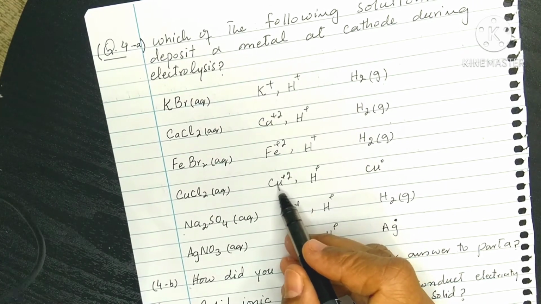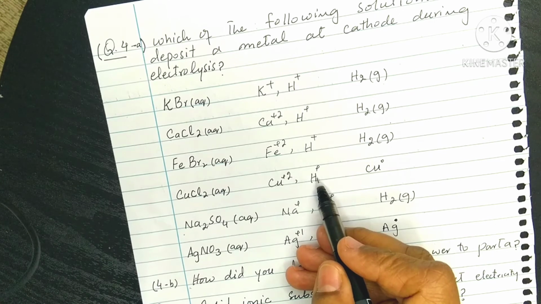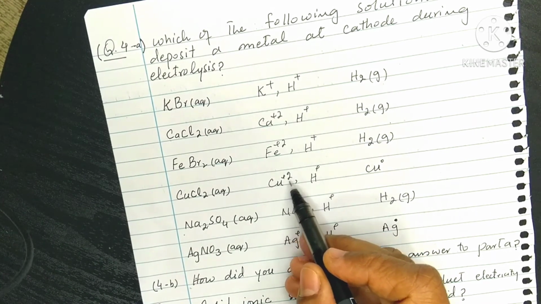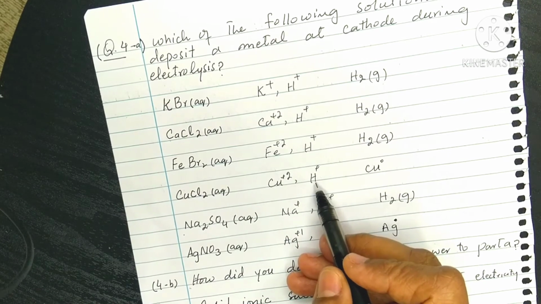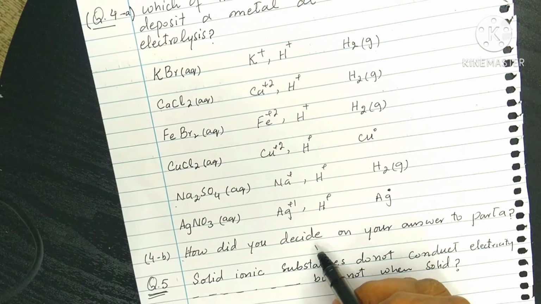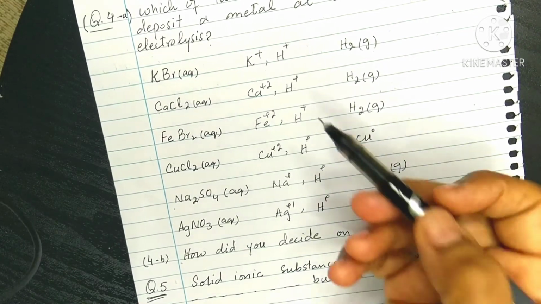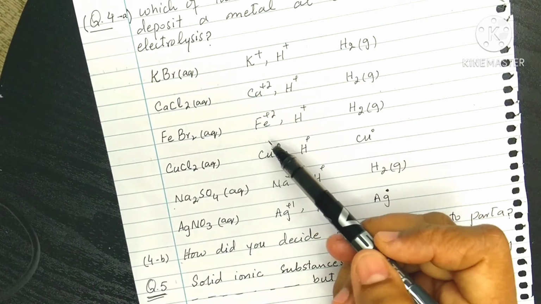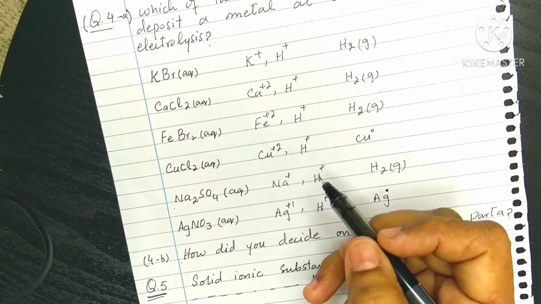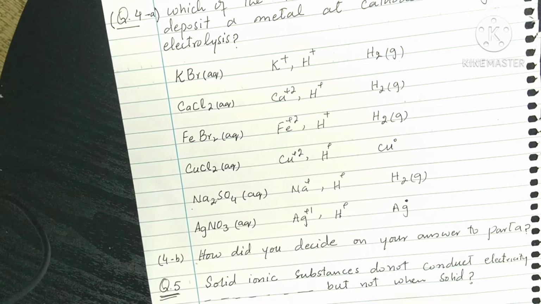If we see the position of copper and hydrogen in the reactivity series, copper is less reactive than hydrogen. So copper will deposit at the electrode and hydrogen will remain in the solution. So which element will deposit at the cathode and which will remain as ions in the solution, we decide according to the reactivity series.